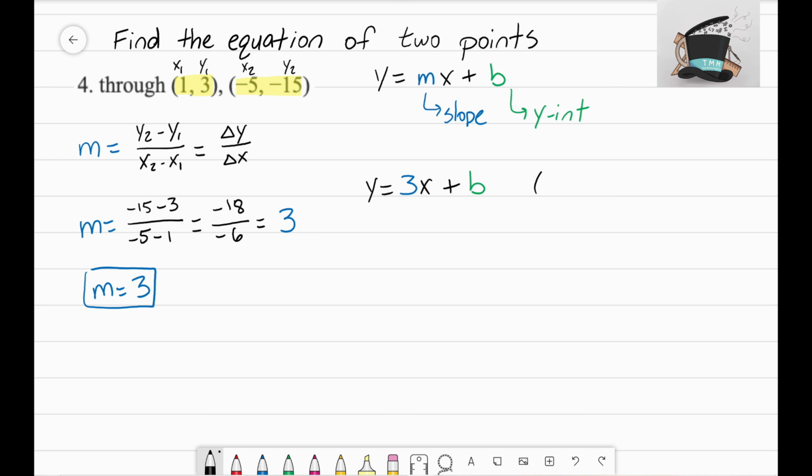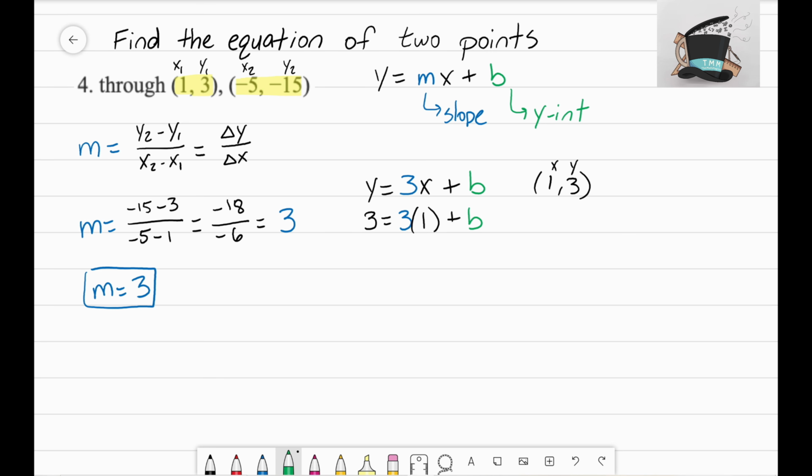I'm going to use this point (1, 3), where this is my x and this is my y. So instead of writing y equals, I'm now going to write 3 equals. I still have my slope of 3, but now my x value is 1, plus my b term.